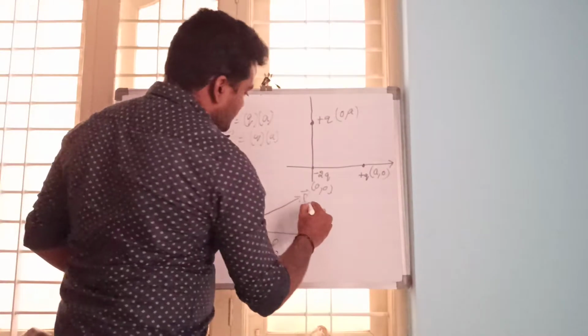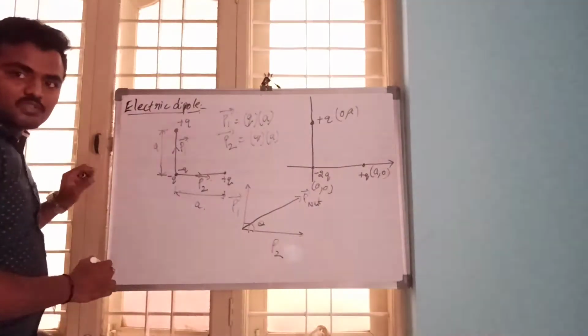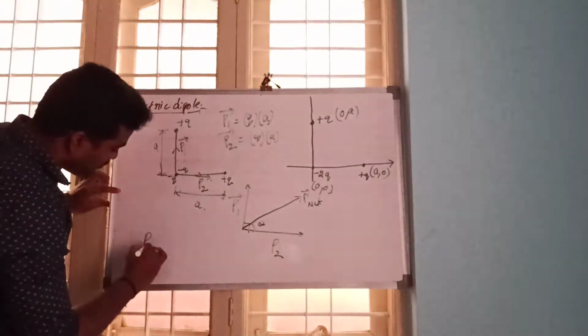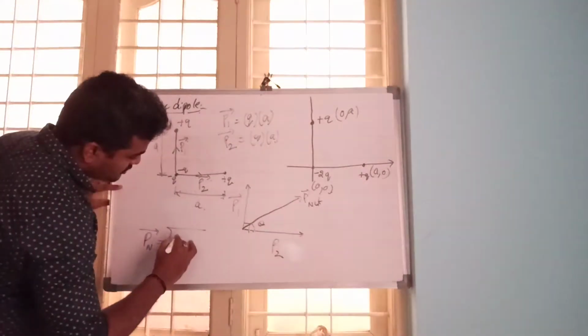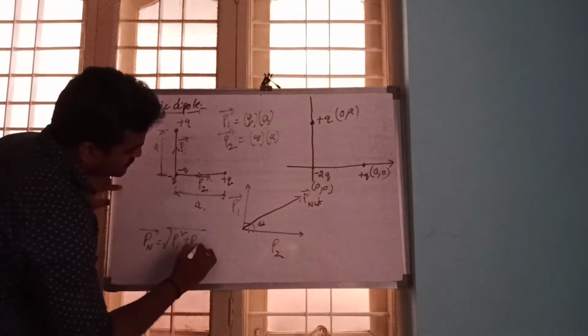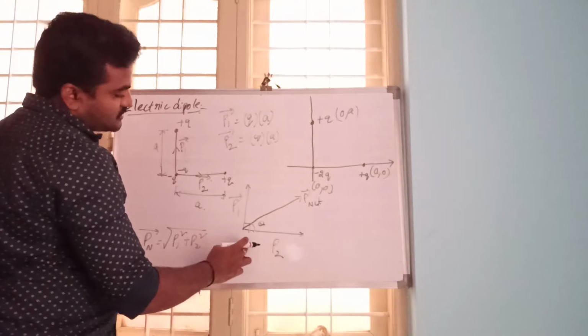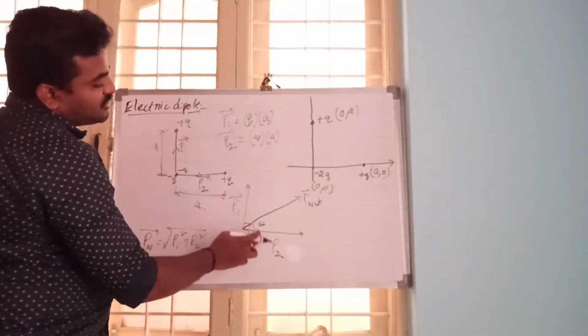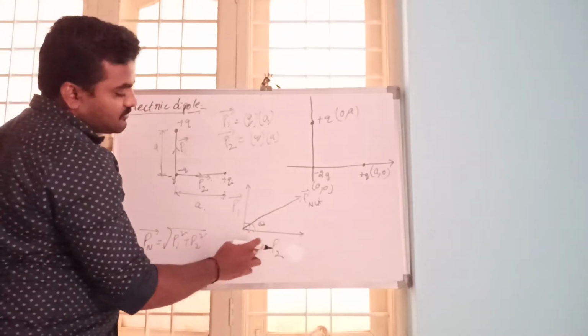So the net dipole moment will be the square root of P1 squared plus P2 squared. We could write plus 2 P1 P2 cos theta also, but since the angle between the two dipole moments is 90 degrees, that cosine term gets eliminated.